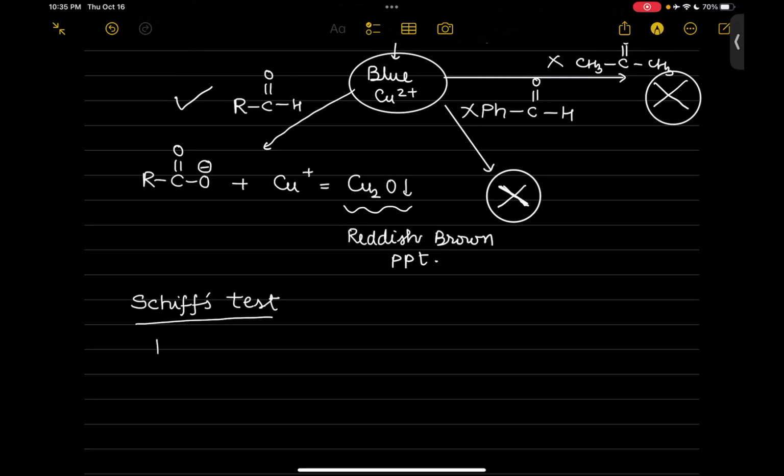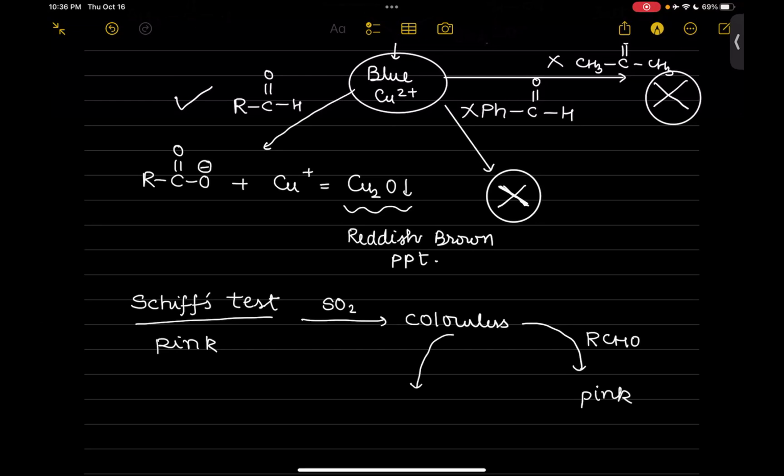This is pink colored. You pass SO2 through it. It becomes colorless. And aldehydes can restore the pink color of the Schiff's reagent, while ketones cannot restore a pink color.